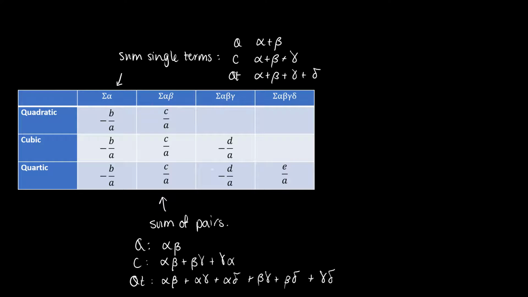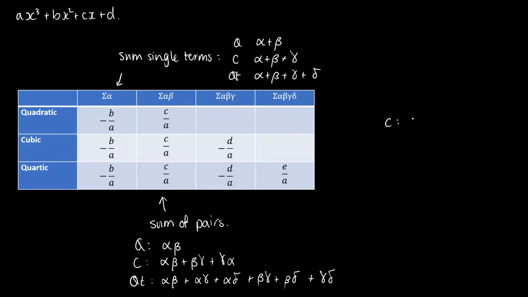Now, for that sum of paired terms, you can see it's always c over a. For a cubic, so this is, of course, ax cubed plus bx squared plus cx plus d, our final term will be the sum of the triples. So that's just going to be our alpha beta gamma.